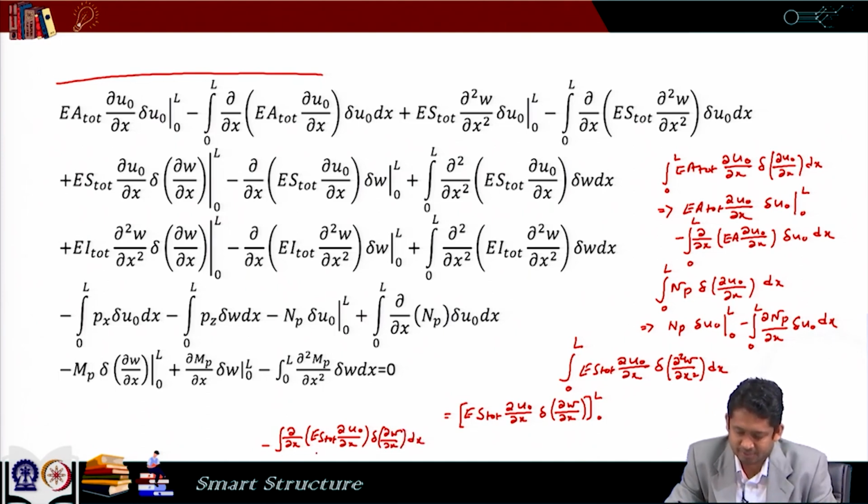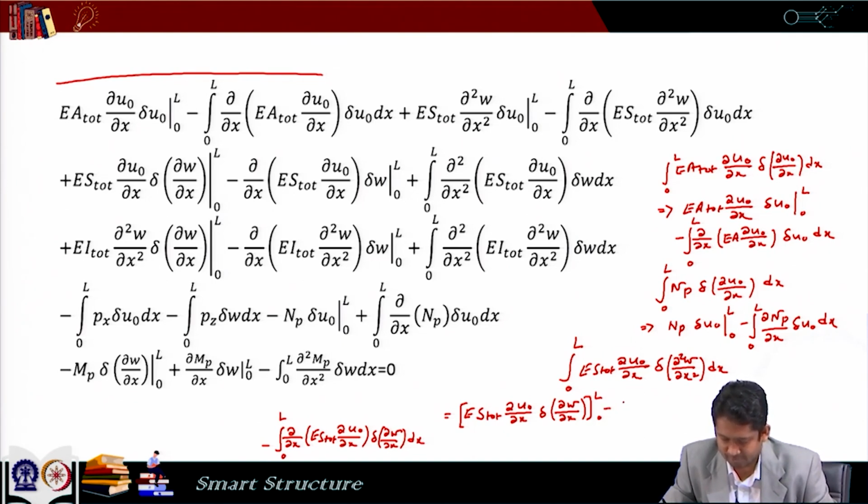But again, if I integrate this by parts, this would give me minus del by del x of E s total multiplied by variation of w, which gets evaluated at 0 and L, and then plus this differentiated twice, E s total.